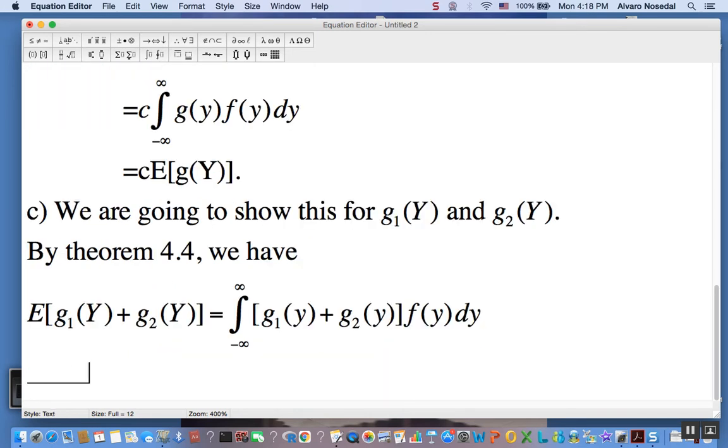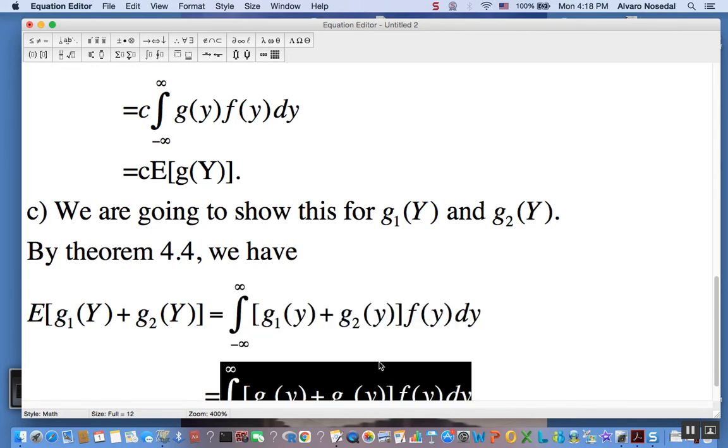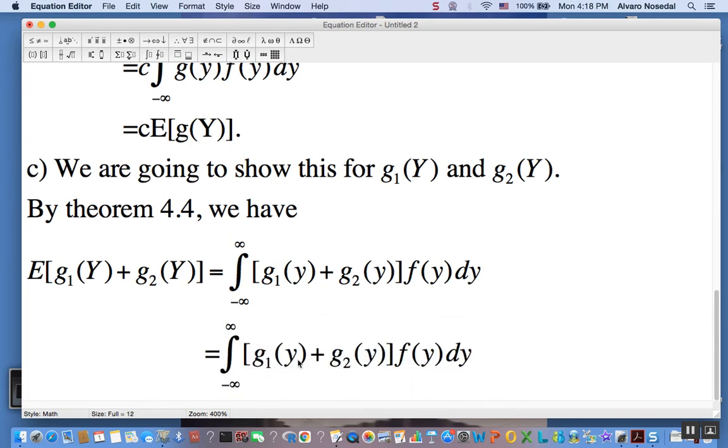But now let's expand this. This is the same as g1 at y times f at y plus g2 at y times f at y. You agree? Right?